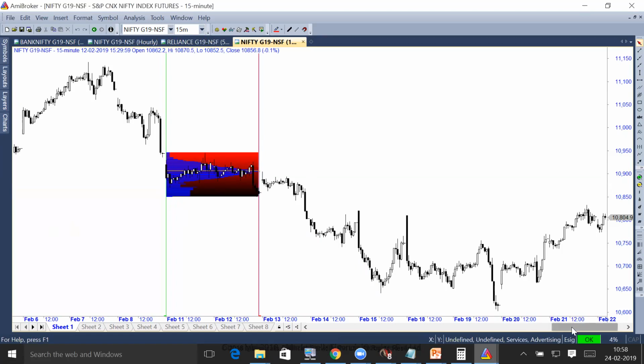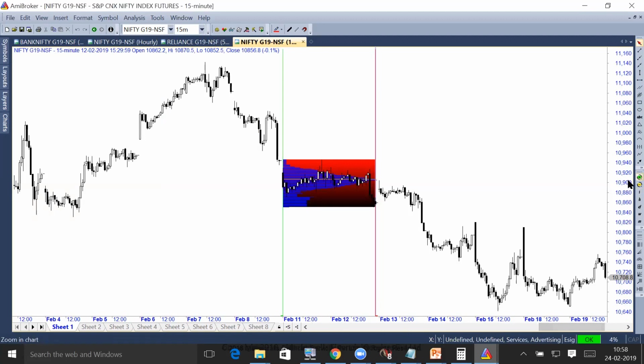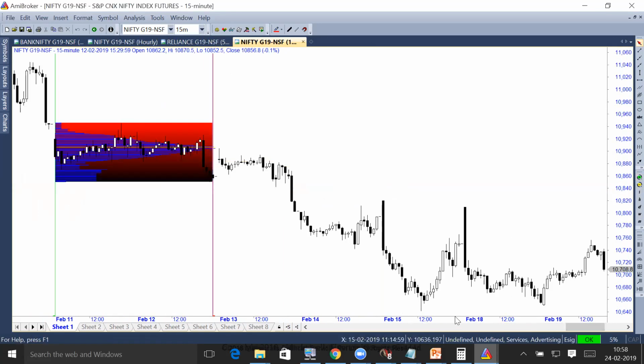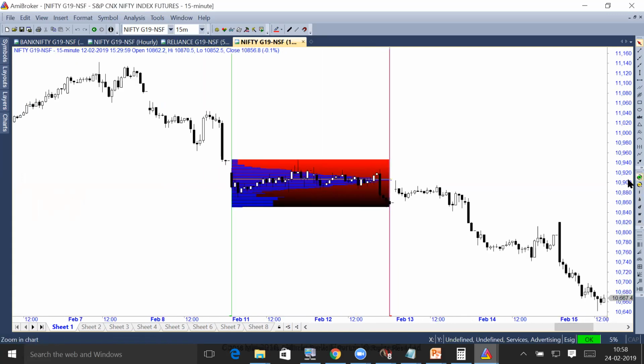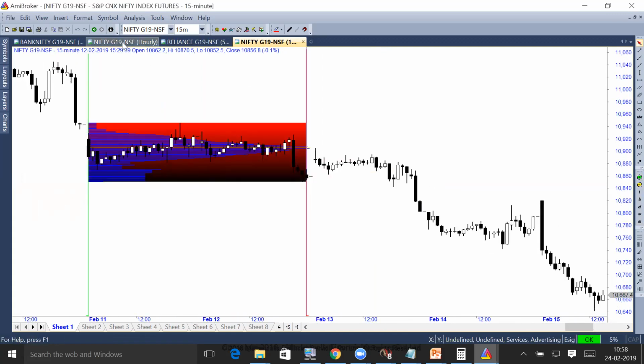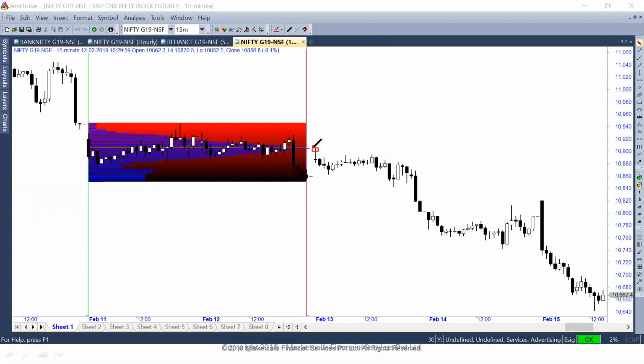Let me go back and zoom to that level. You can see the price behavior here: the price exactly touches the level and keeps moving down.